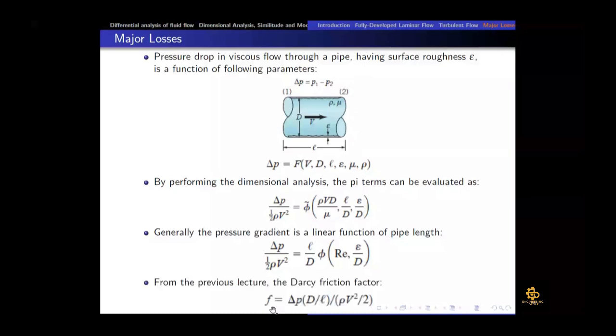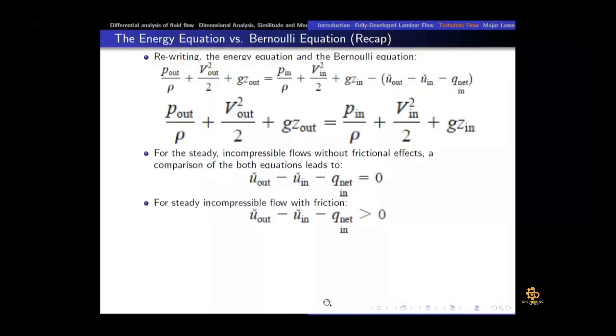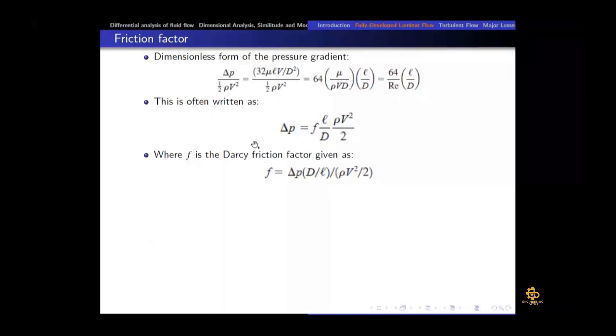We know that delta P upon half rho V squared is equal to f L upon D, which we have covered here. If I go back here, delta P upon half rho V squared is equal to f L upon D. From there, f would be equal to 2 delta P upon rho V squared into D upon L, which is written here.